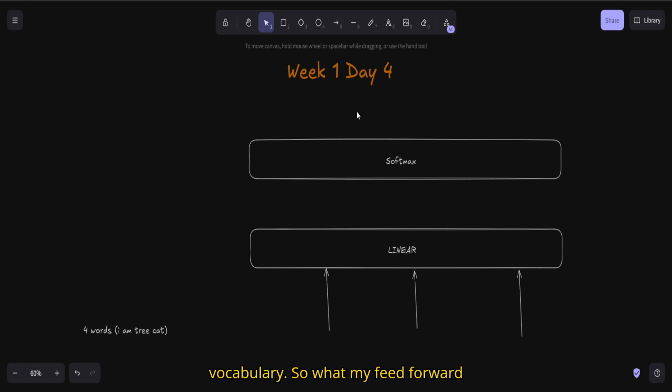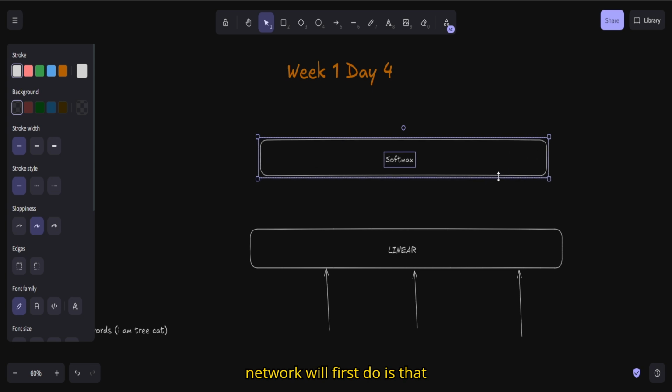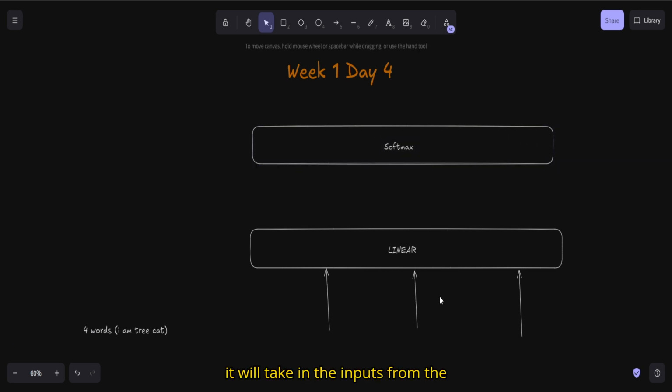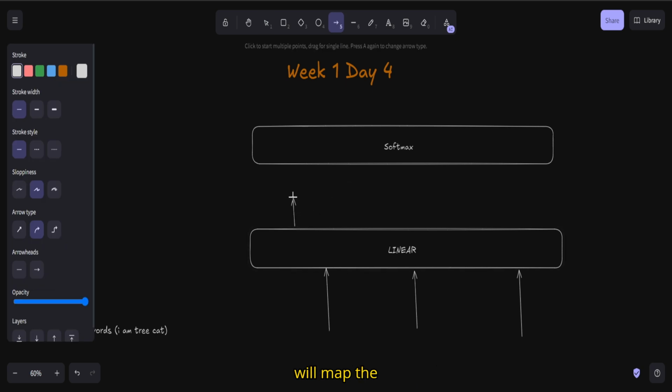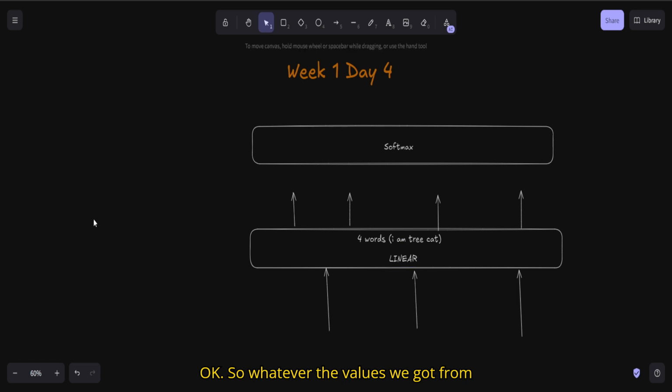What my feed-forward network will first do is take the inputs coming from the transformer and map them to four values. These four values are for I, am, tree, and cat, in that order. I'm writing this here. So let's say this is I, this is am, this is tree, this is cat.